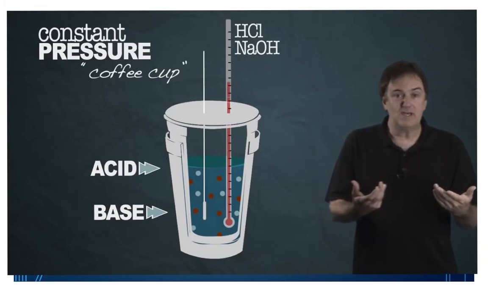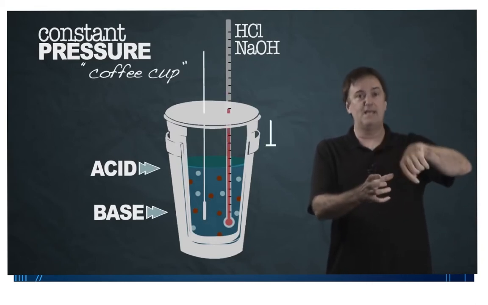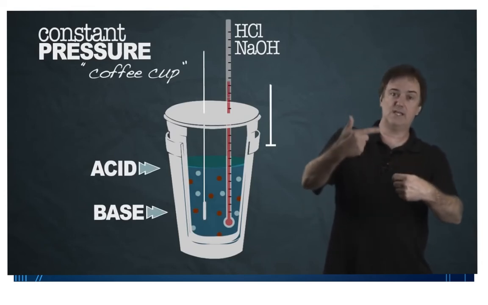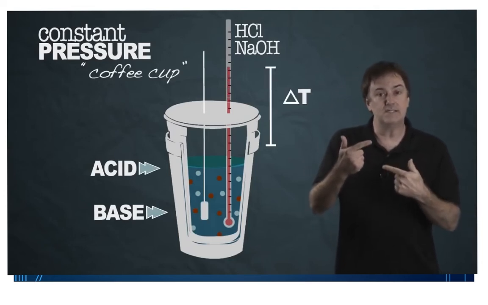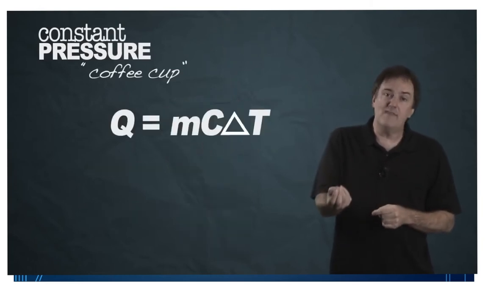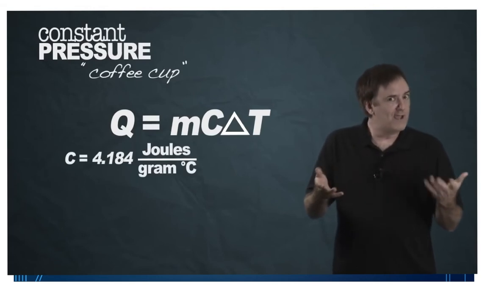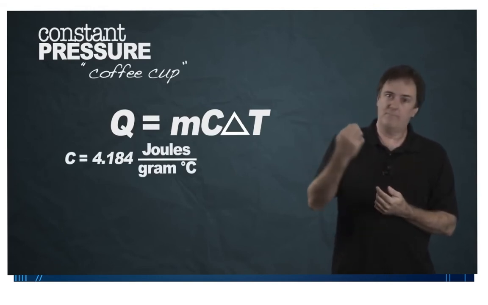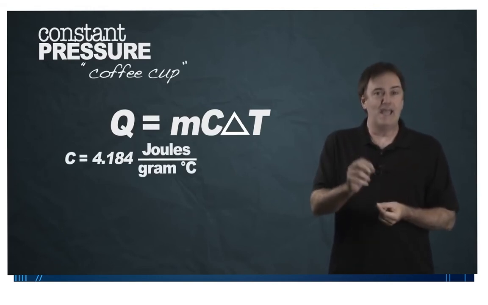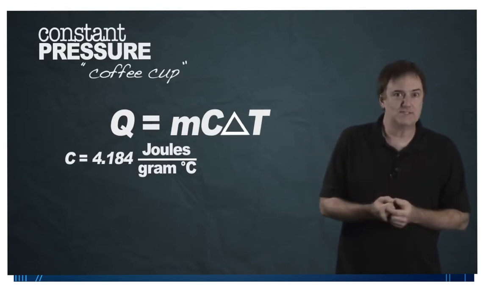And it's real easy to measure the start and the finish. You look at the thermometer before, pour it in, stir, look at it when it stops. You've got yourself a delta T. From that delta T, you simply multiply that by the heat capacity of the water, which is 4.184 joules per gram per degree C, and you multiply it by the mass of the water, which you can easily weigh by sticking it onto a scale.